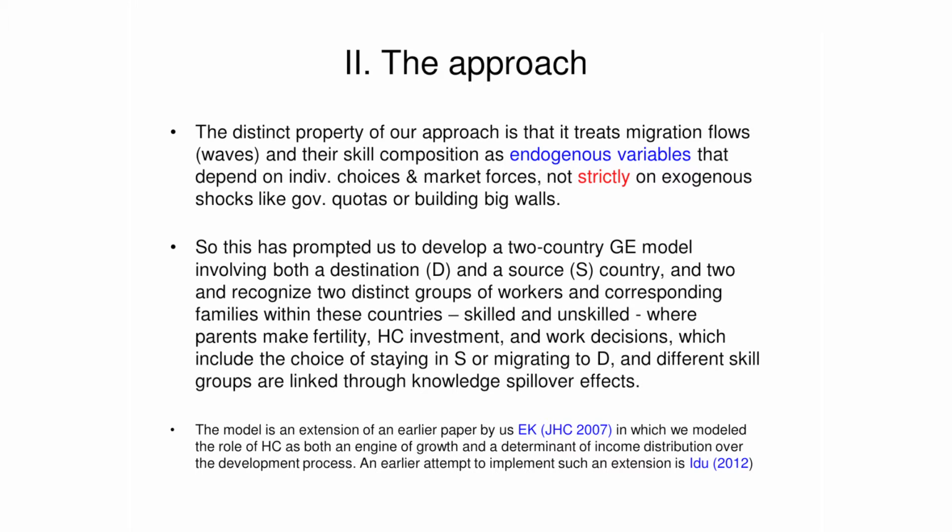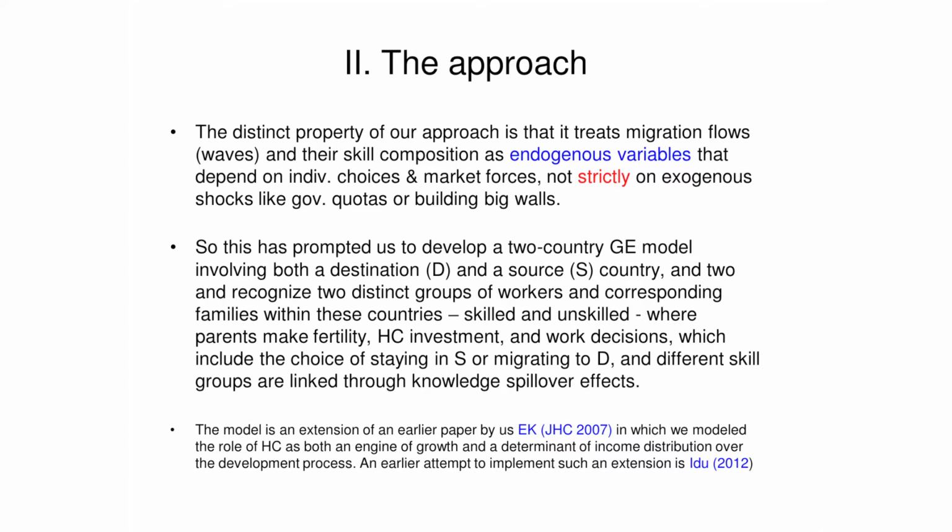Endogenous variables that depend on individual choices, on market forces, but not strictly on exogenous shocks like government quotas or building big walls to stop immigration altogether, which of course never works. And that's part of the motivation of the model.